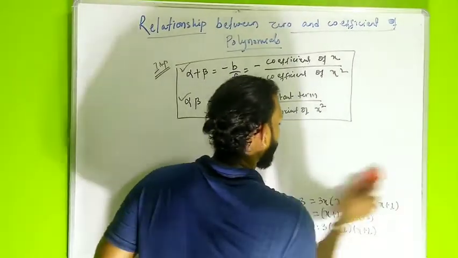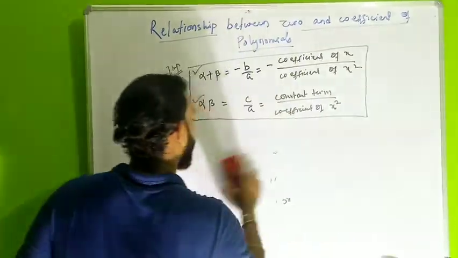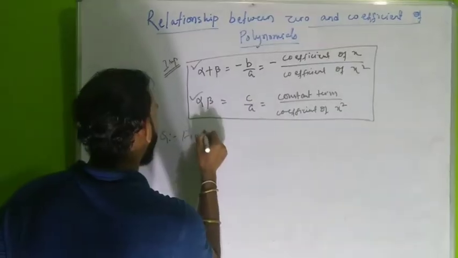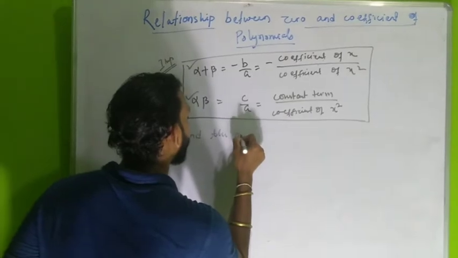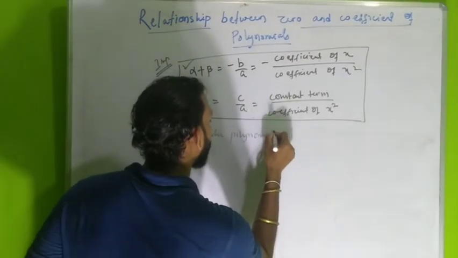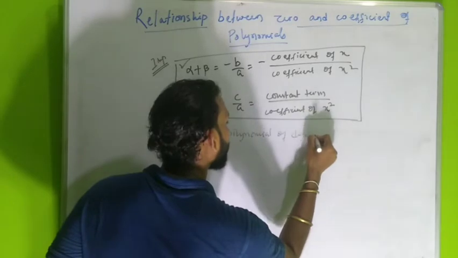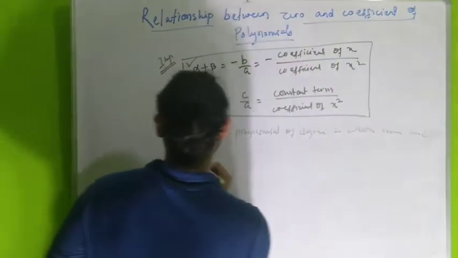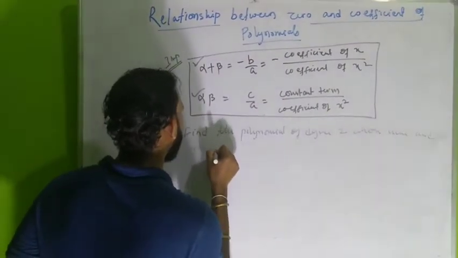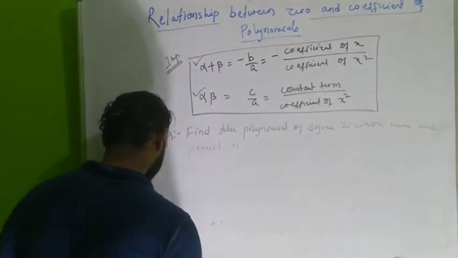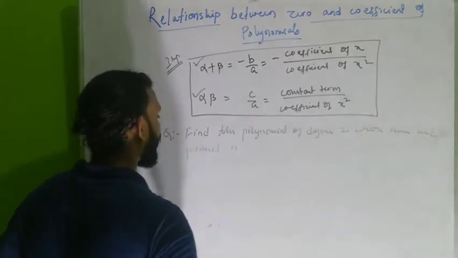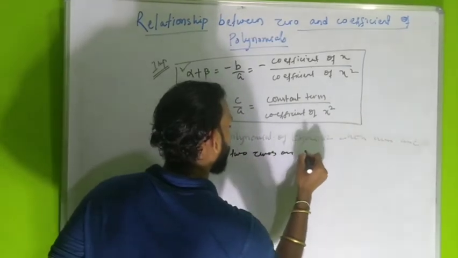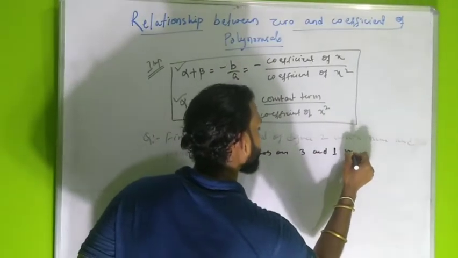Let's say the question is something like this: find the polynomial of degree 2 whose sum and product of two zeros are 3 and 1 respectively.